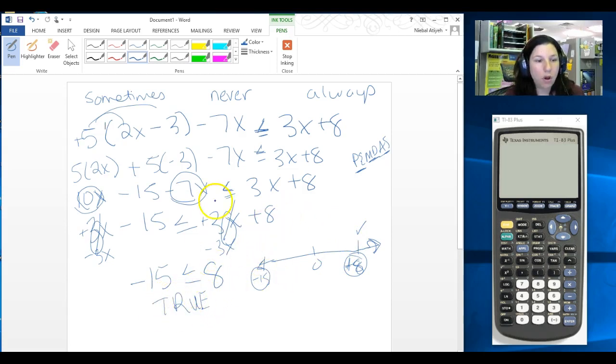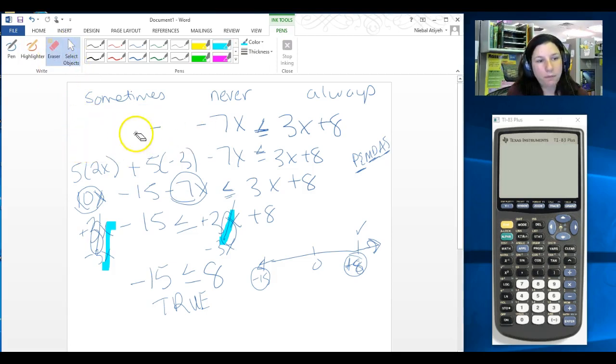It's going to always be true because, like our last example, the variables have canceled. So there's nothing that's going to change. I'm not going to substitute any numbers that are going to be different. This statement is always negative 15 is less than or equal to 8, and that's always true. So let's do one more example.